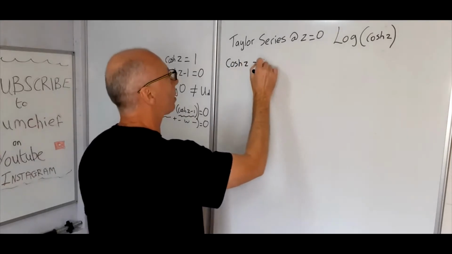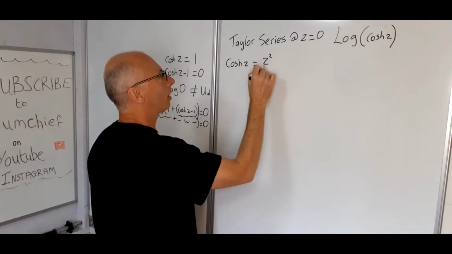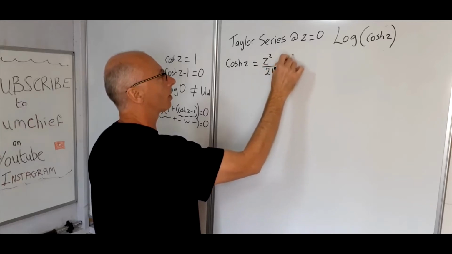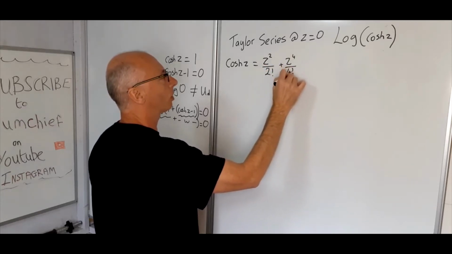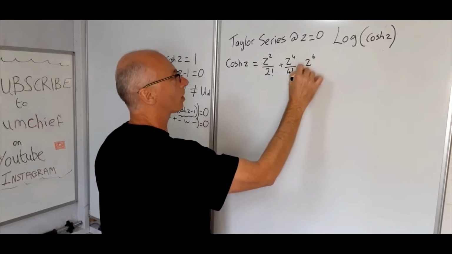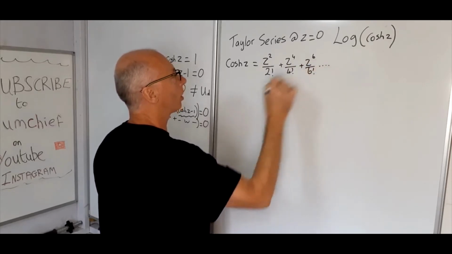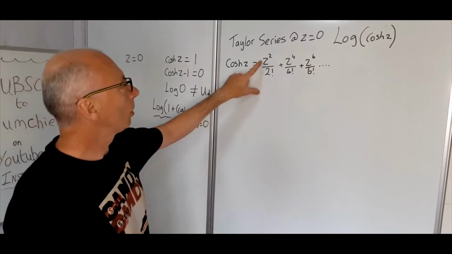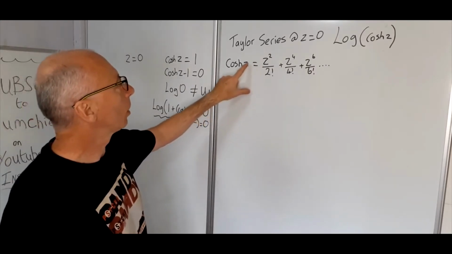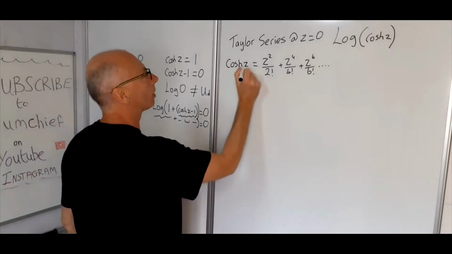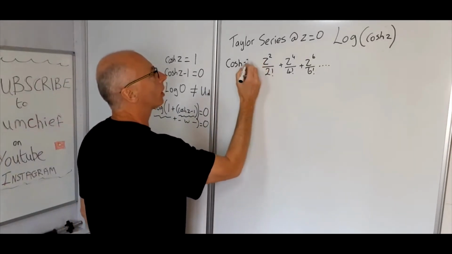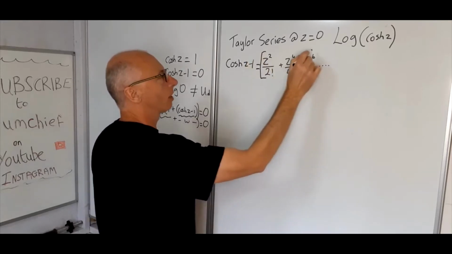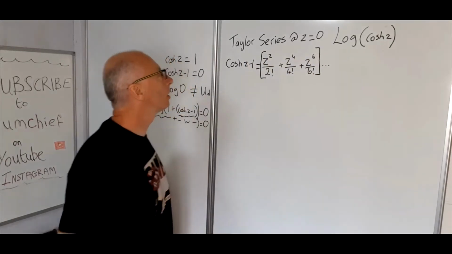This is z squared over 2 factorial plus z to the 4 over 4 factorial plus z to the 6 over 6 factorial, and so on. Now I've missed out the constant 1 because we want cosh of z minus 1. So what we're looking for, cosh of z minus 1, is this Taylor series.